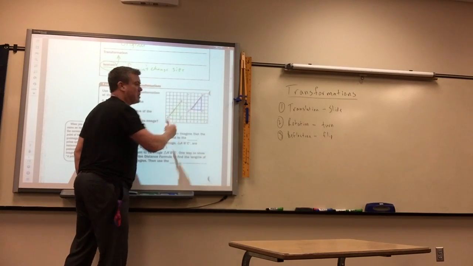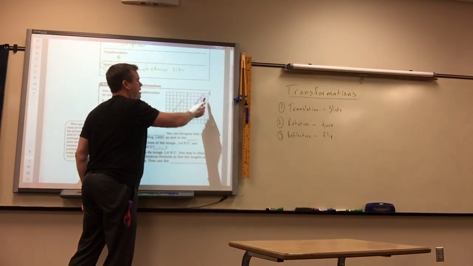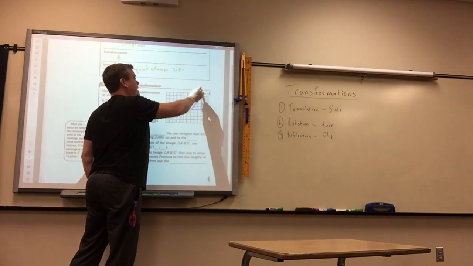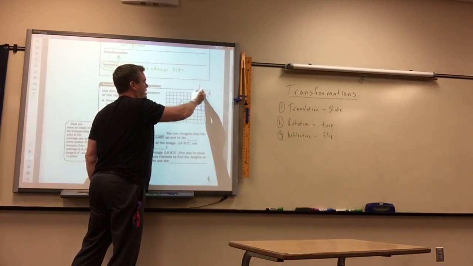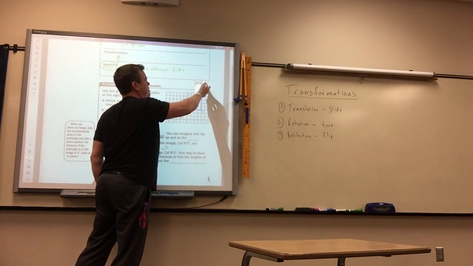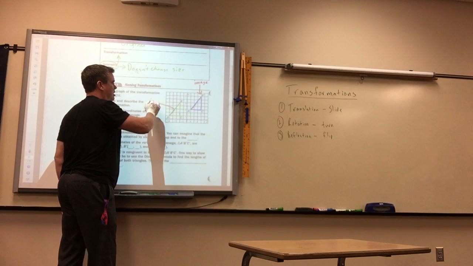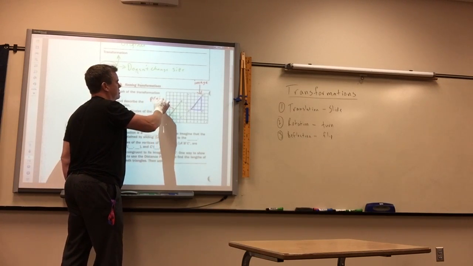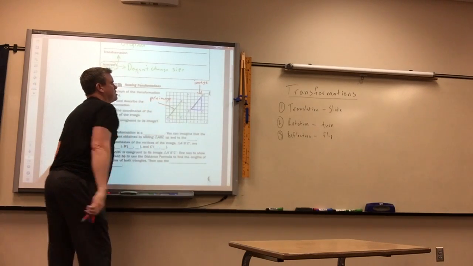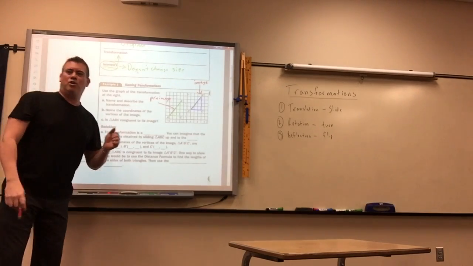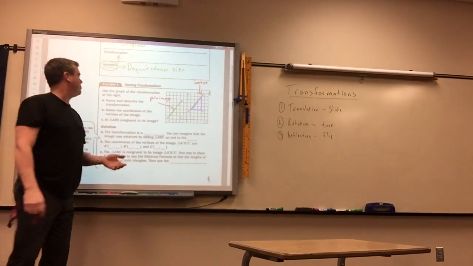That's pronounced A prime, B prime, C prime. So whenever you see those ticks, that is the image. The ones without those tick marks is the original or pre-image. So you need to know that because you need to know where it starts and where it ends.